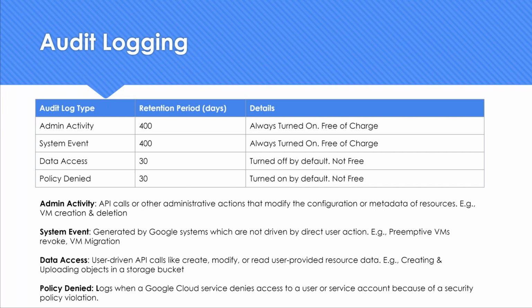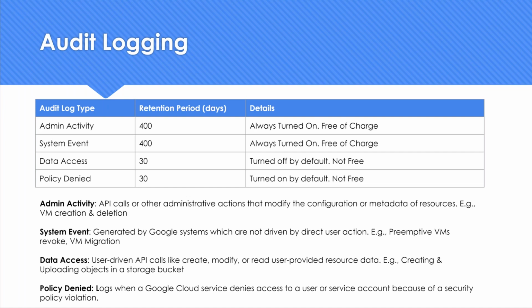Whenever you talk about logs, retention is always important. By default, this log is retained for 13 months, roughly 400 days; 400 days is the exact number. You don't need to do anything extra, it is turned on by default, and it is totally free of charge. Really a cool one.